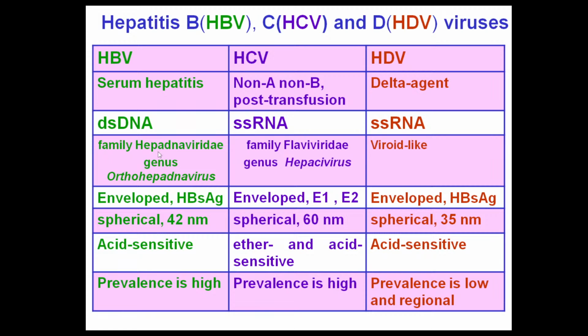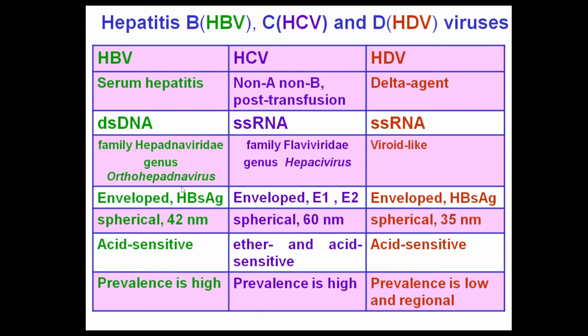So hepatitis B is from the Hepadnaviridae family, from the genus Orthohepadnavirus. Hepatitis C is from family Flaviviridae and genus Hepacivirus. That's some difference. And hepatitis D virus is a viroid-like structure. We'll discuss it a bit later on.